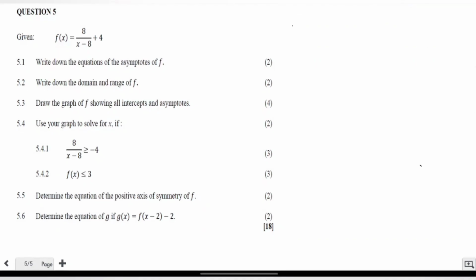5.1, write down the equation of asymptotes of f. So let me write the equation: f of x is equal to 8 divided by x minus 8 plus 4. When you compare this with the standard form, we can see that a is 8, p is again 8 and q is 4, isn't it?